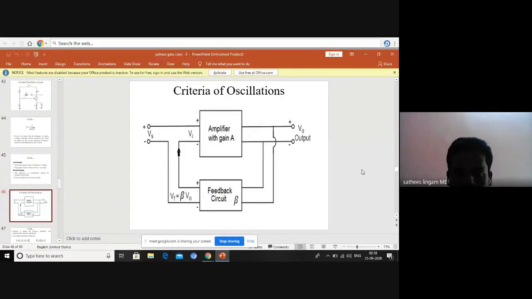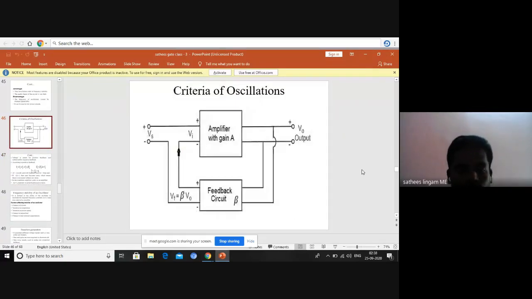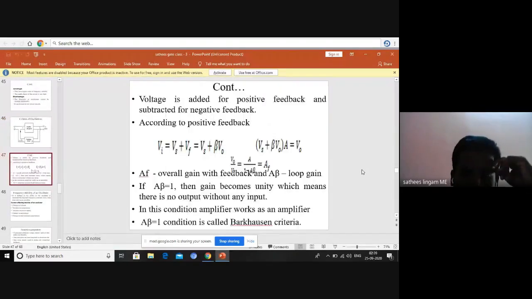When giving the voltage, it is added for positive feedback and subtracted for negative feedback. For positive feedback, Vf and Vs are added to give Vi, as the arrow mark indicates. So Vi is equal to Vs plus Vf because of the positive feedback.